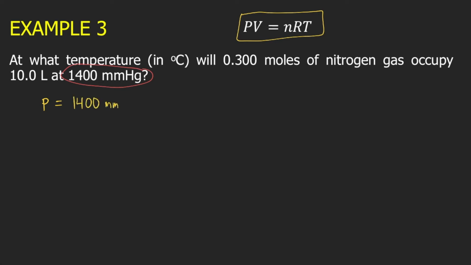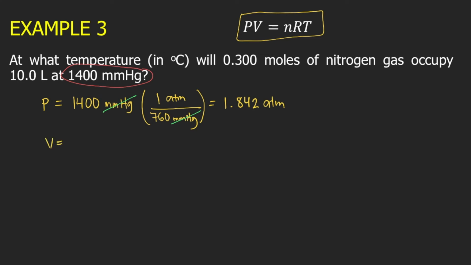in order to convert mmHg into ATM, we know that 1 ATM is equivalent to 760 mmHg. So mmHg will cancel out, and then you have ATM left. So 1,400 times 1 divided by 760, that is equivalent to 1.842 ATM. So this is our pressure in ATM.